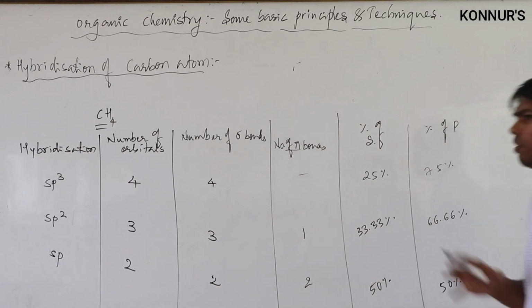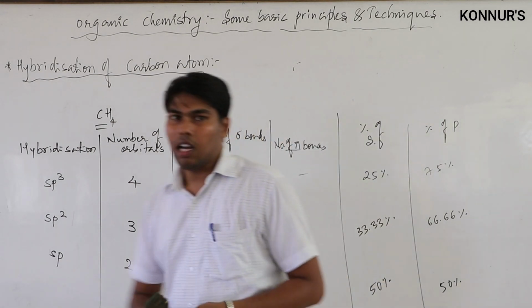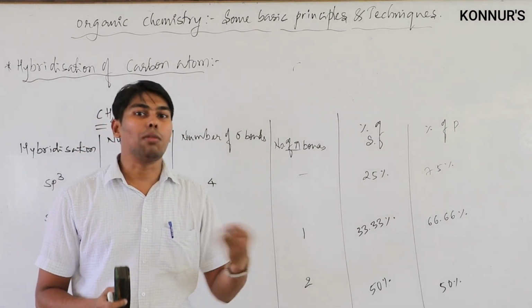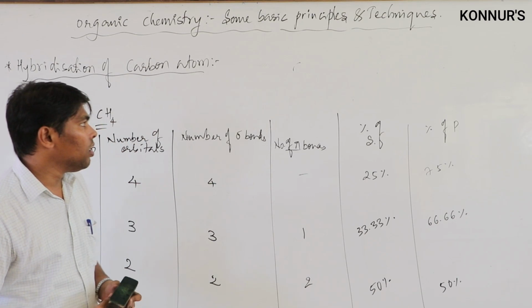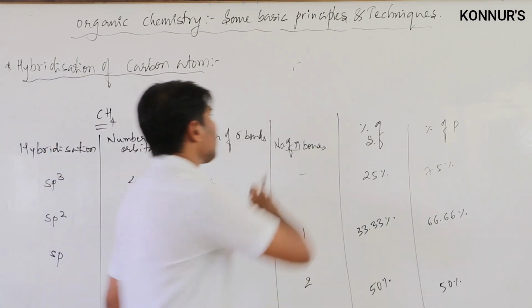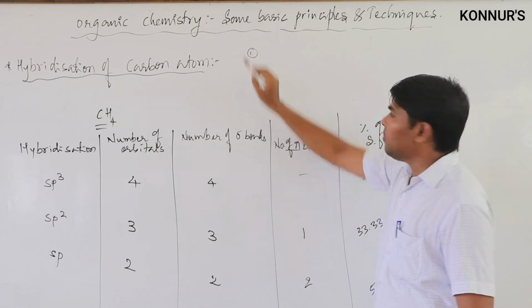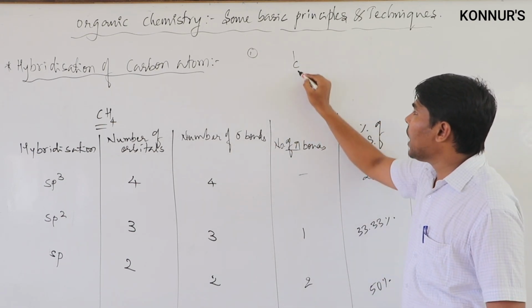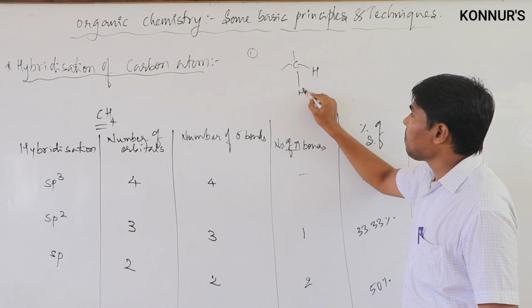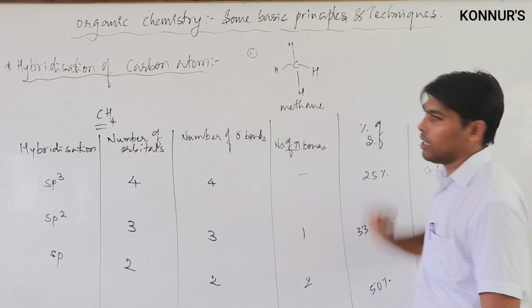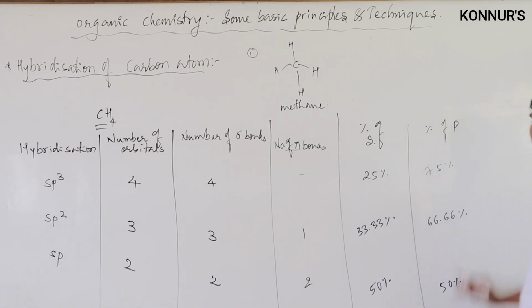So how can we understand the hybridization? By looking at the structure of those carbon compounds. Here we'll take some examples. The first example, as expected, is methane. Here I will give you some hints.